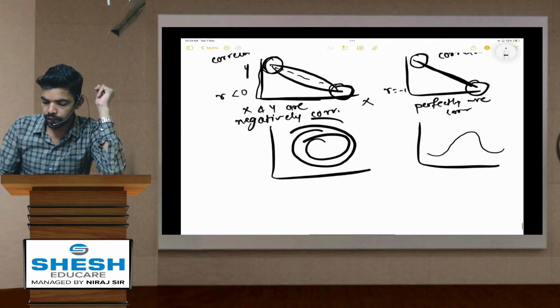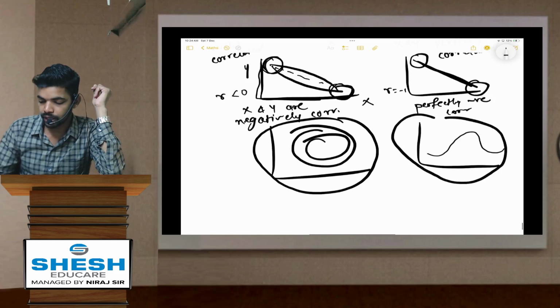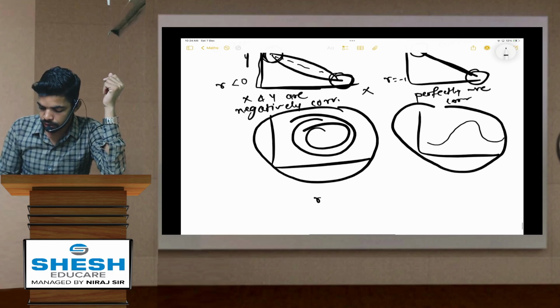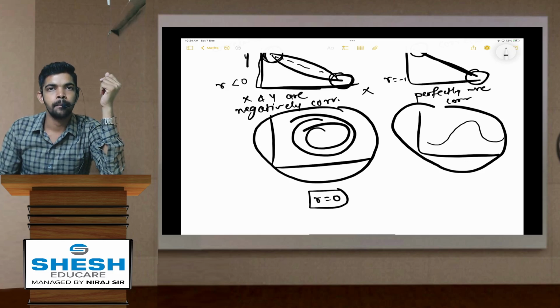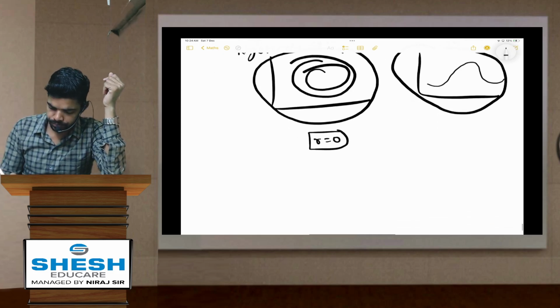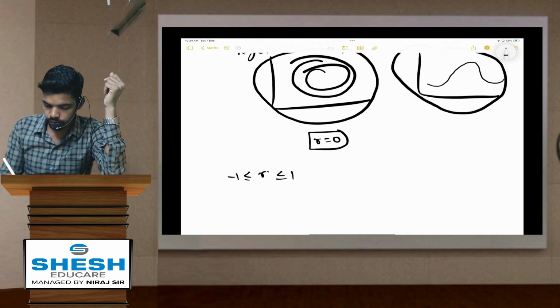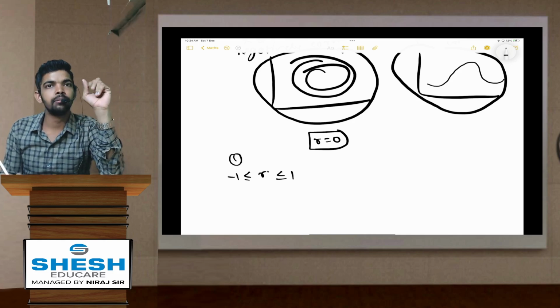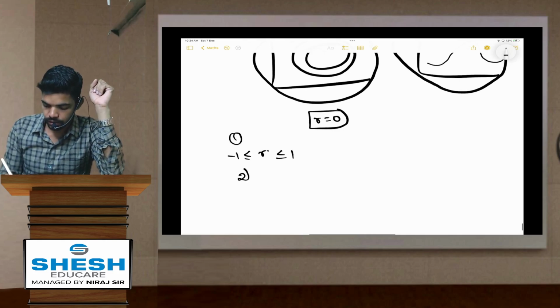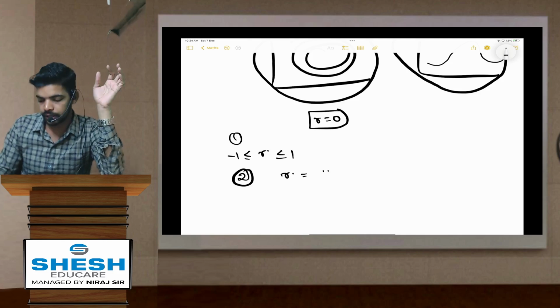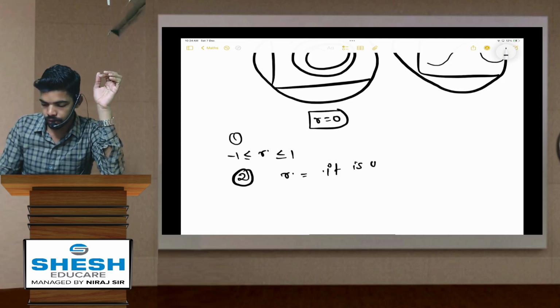And when you get a graph like this where there is no specific pattern, we say there is zero correlation between x and y. The value of r always lies between -1 and 1. Second, the correlation coefficient r does not have any unit, it is unit free.